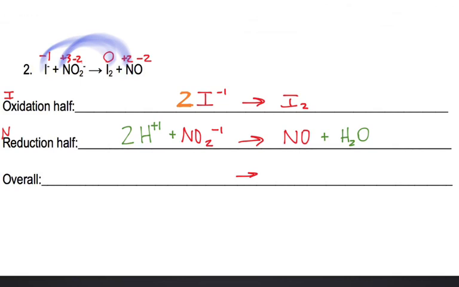So this is that point where we can check and make sure all of our atoms are balanced. 2 I's, 2 I's. 2 H's, 2 H's, 1 N, and 2 O's, 1, 2. All of our atoms are balanced, so we are ready to move on to the next step, which is our electron step.